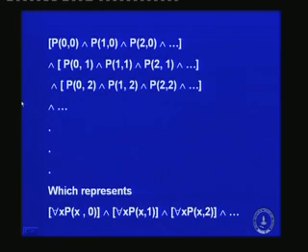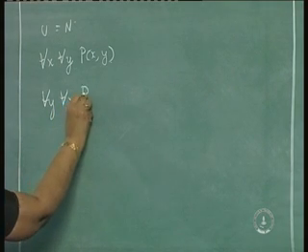Now this would represent for all of x, p of x comma 0, and this would represent for all of x, p of x comma 1, and this would represent for all of x, p of x comma 2 and so on. So, grouping this together you will get for all of y, for all of x p of x comma y.